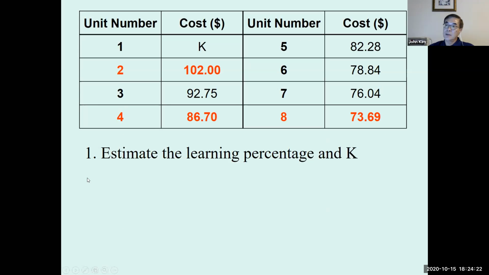This one doesn't give us the initial cost to produce the first one, and it doesn't give us the learning percentage. But as long as we have the second and fourth, we can get the learning percentage first, and then we can get K.